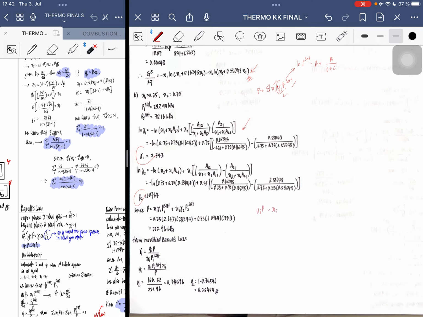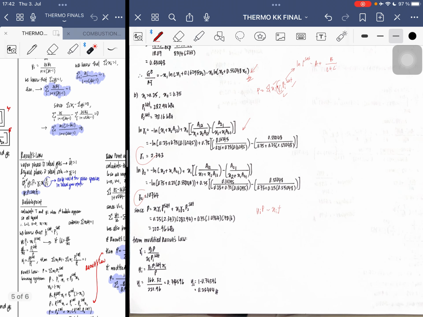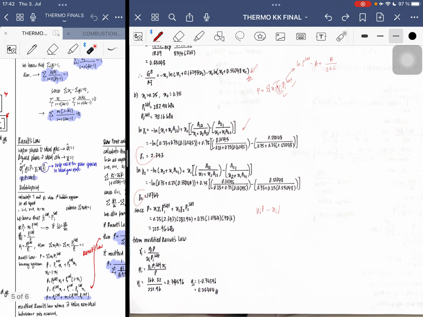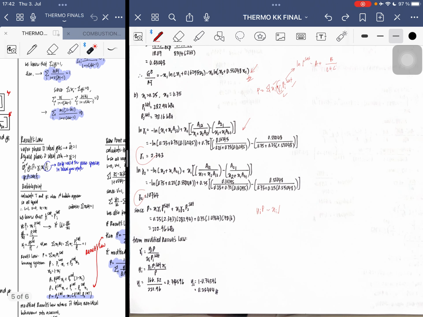But in a bubble point calculation, or actually in a normal calculation, your fi will be pi sat. So you can just rewrite this as yi times total pressure equals xi times vapor pressure. This is your Raoult's law. But if it's modified, then there's an additional gamma.